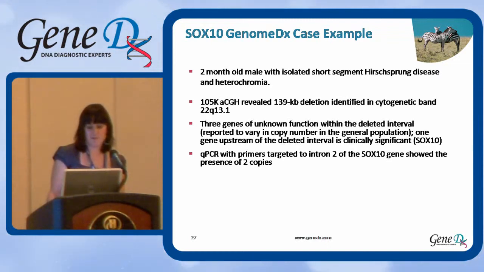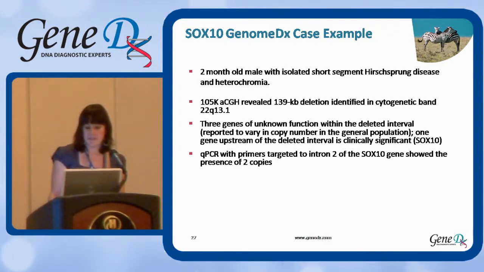On our 105K array CGH, we identified a small 139 kb deletion within cytogenetic band 22q13.1. Within that deleted interval, there were 3 genes of unknown function that were reported to vary in copy number in the general population. However, there was one gene upstream of the deleted interval that is clinically significant. It is the SOX10 gene, and it's one of 3 genes involved in Waardenburg syndrome type 4, or Waardenburg-Shah syndrome.